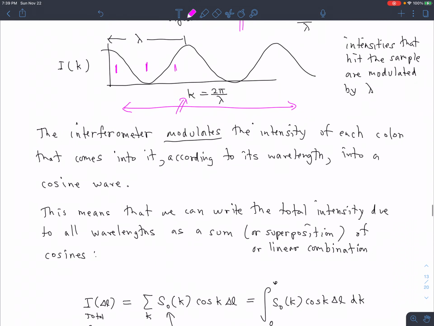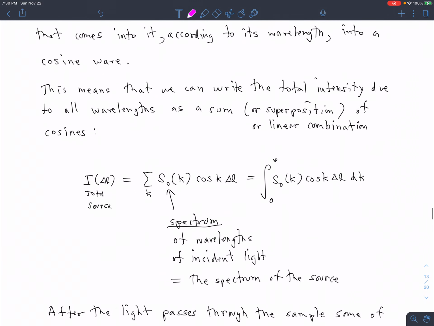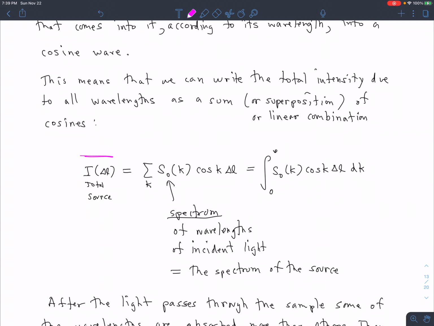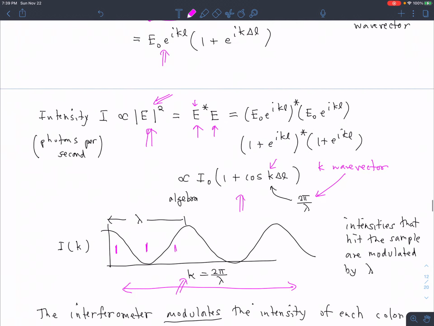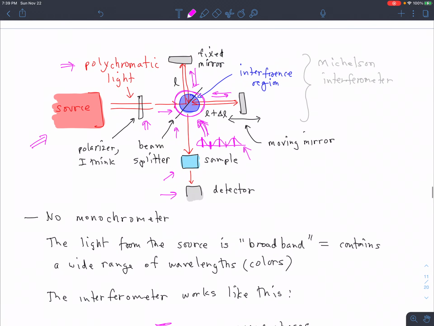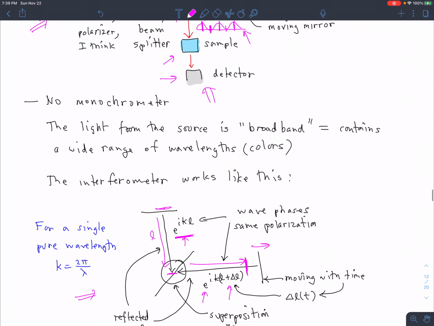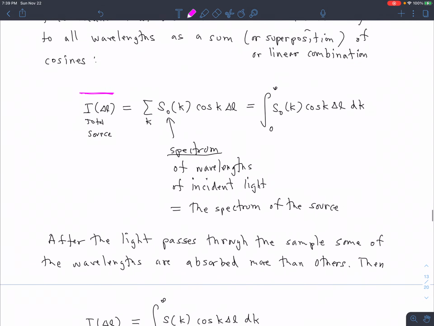And that's what goes into the sample, and that means that the thing you actually measure, the thing your detector actually sees here and records for you, is a superposition of intensity factors that come from the sample, among other things, times this modulation that's due to the interferometer of cosine KL.